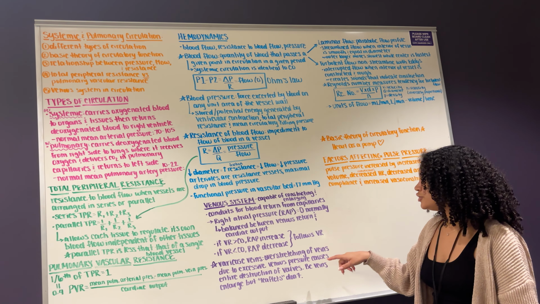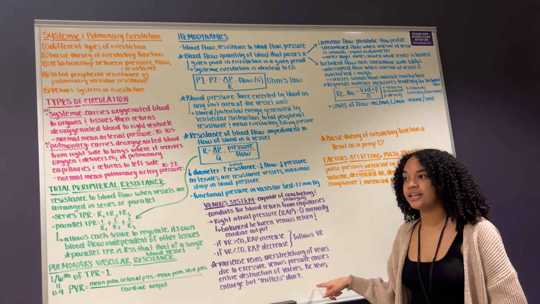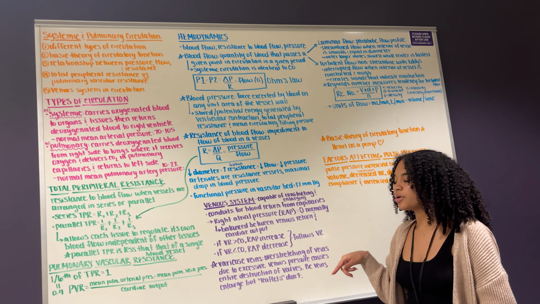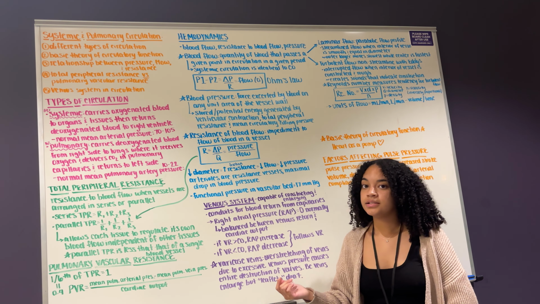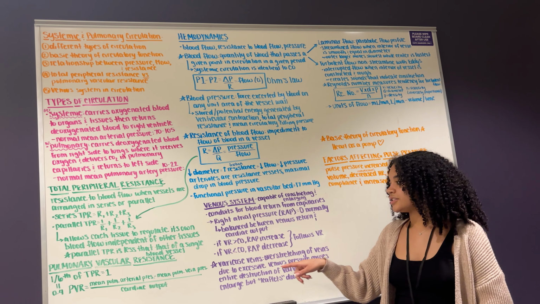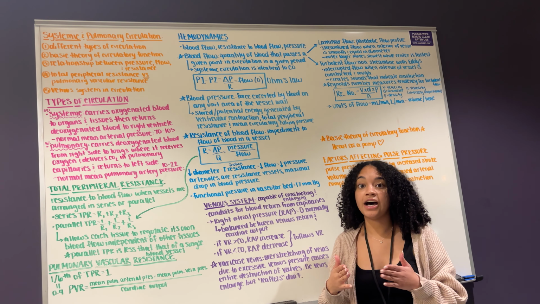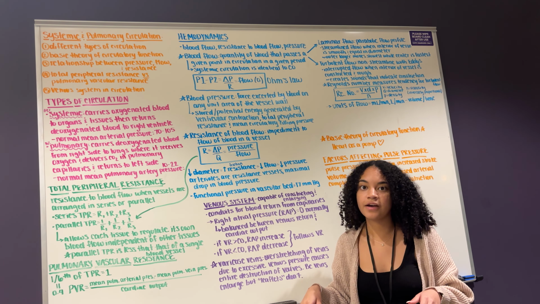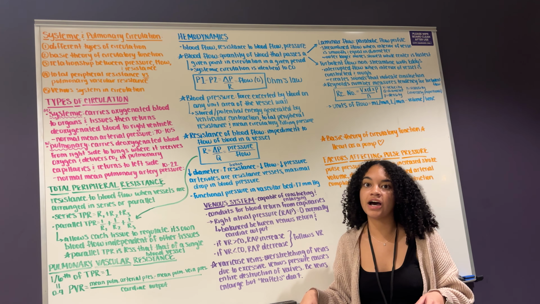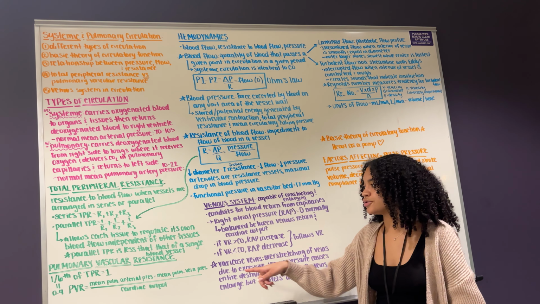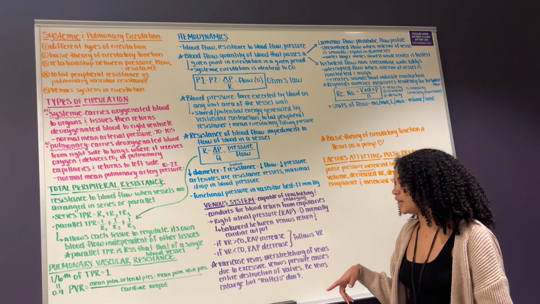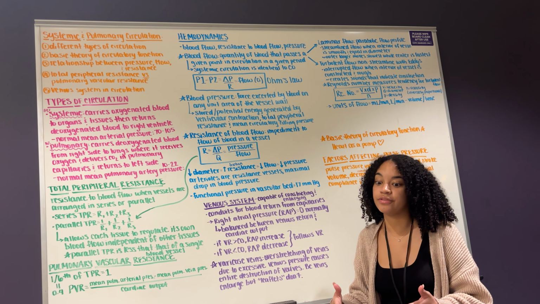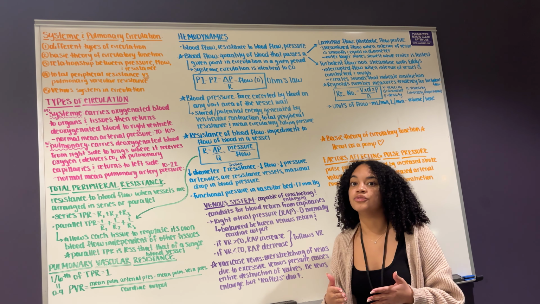So if you do have an overstretching of your veins due to increased venous pressure, and that goes on for a long period of time, maybe even months, you can actually affect your veins and your valves and completely destroy the function of them, and you have non-functioning valves, non-functioning veins, and those are called varicose veins. The valves in your veins are no longer functioning because you stretched them out so much that now the valves are no longer closing properly.